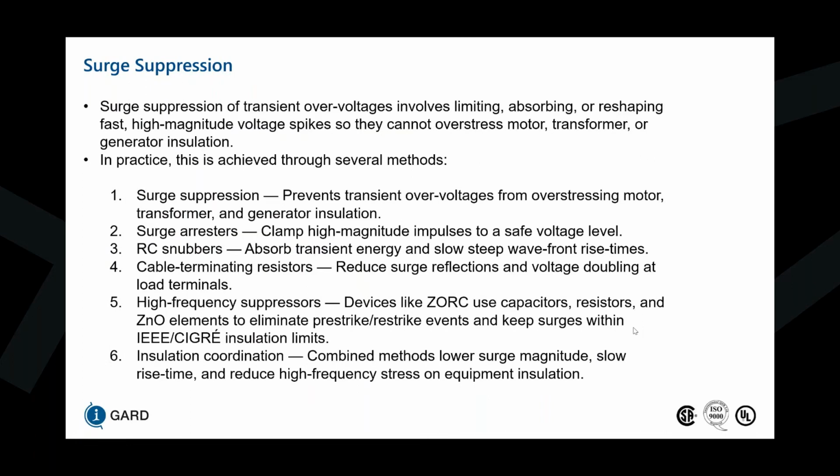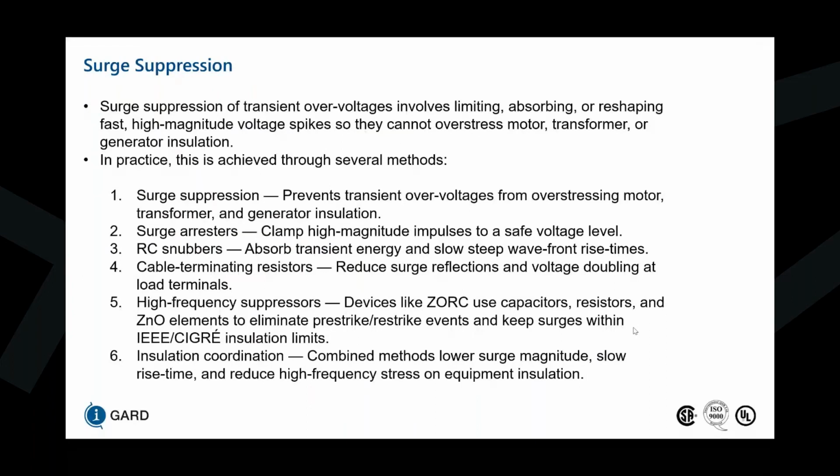We have high frequency suppressors, devices like ZORC, which can try to mitigate the very, very high frequency surges that come into the system by using a zinc oxide element to eliminate pre-strike and restrike events and keep surges within IEEE and CIGRE insulation limits.